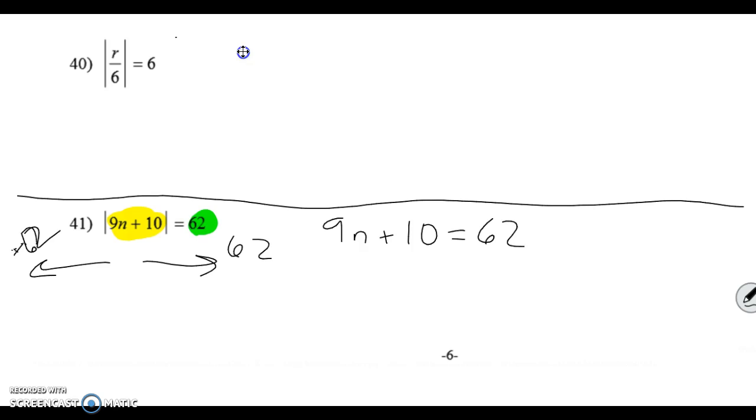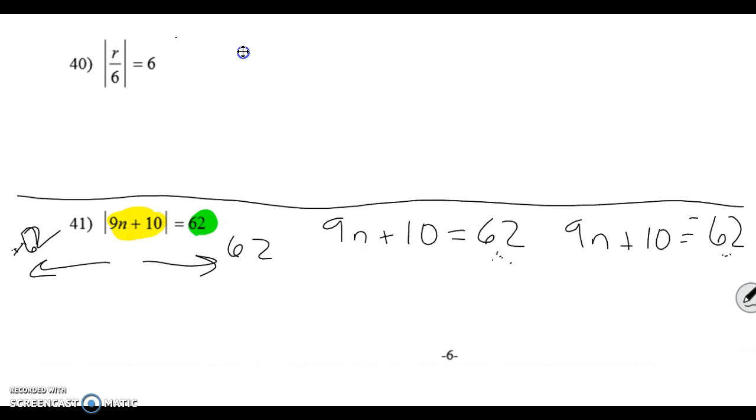I'll give you a second to write. And then 9n plus 10 equals negative 62. I switched them up this time. It doesn't matter if I go negative 62 here or here, as long as you have them both.